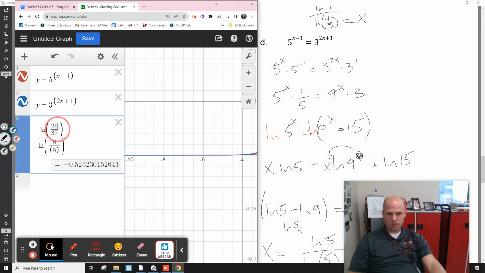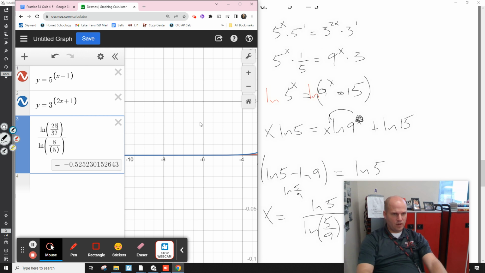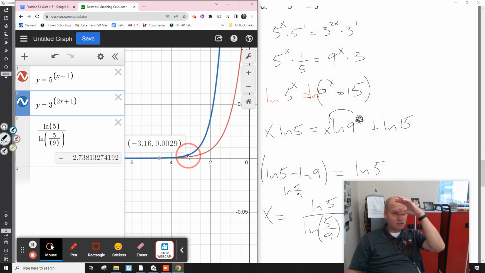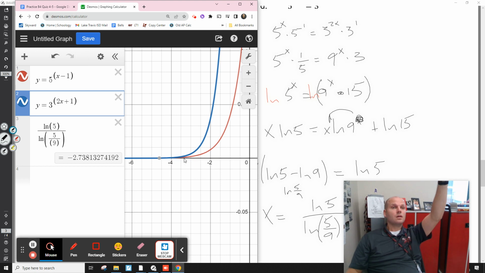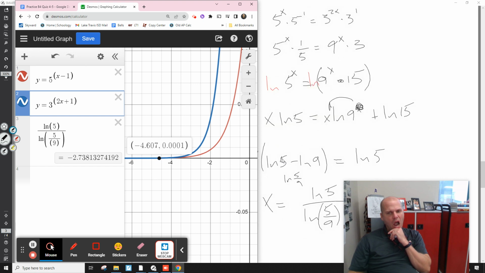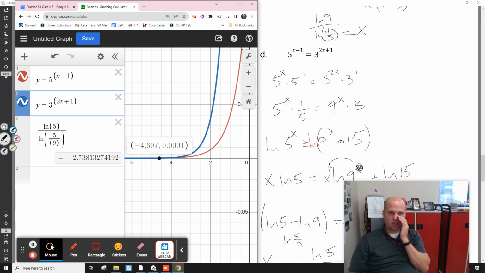Well, let's see where they're supposed to intersect. Log 5 over log 5/9. Negative, what? What did I do? All right, let's find our mistake. I made a mistake.